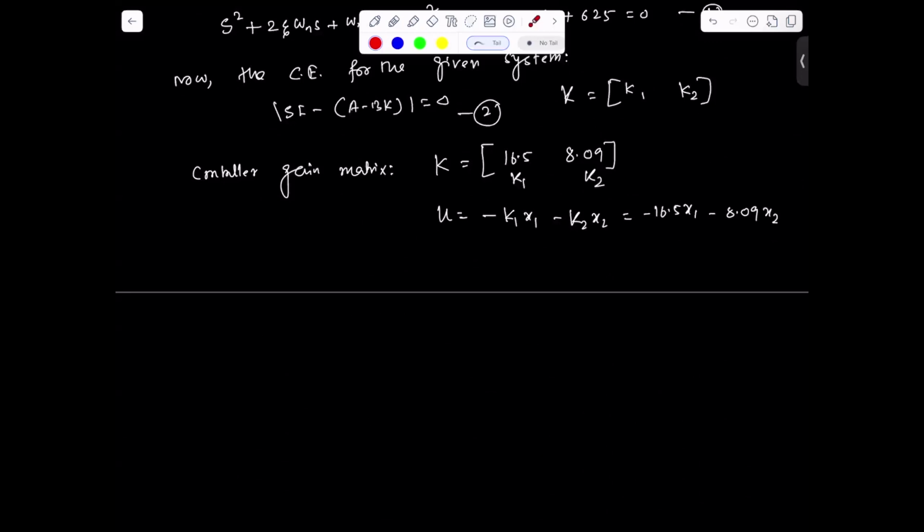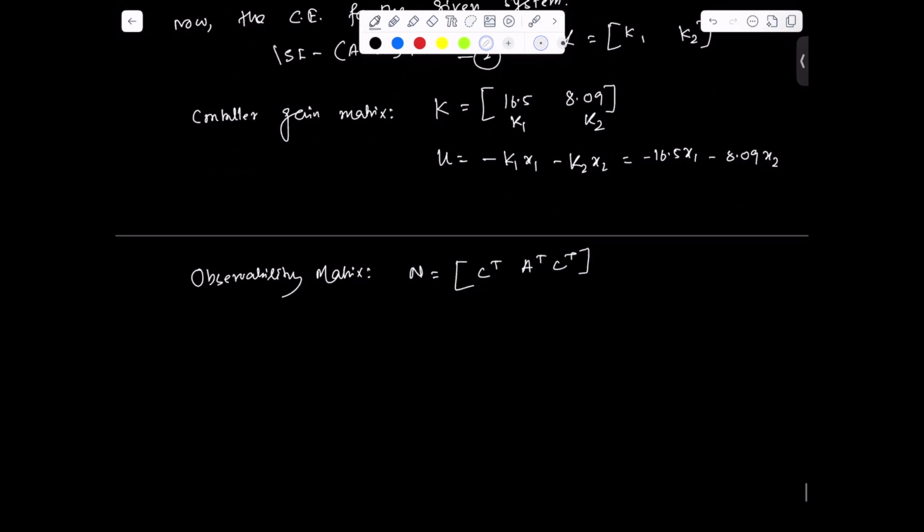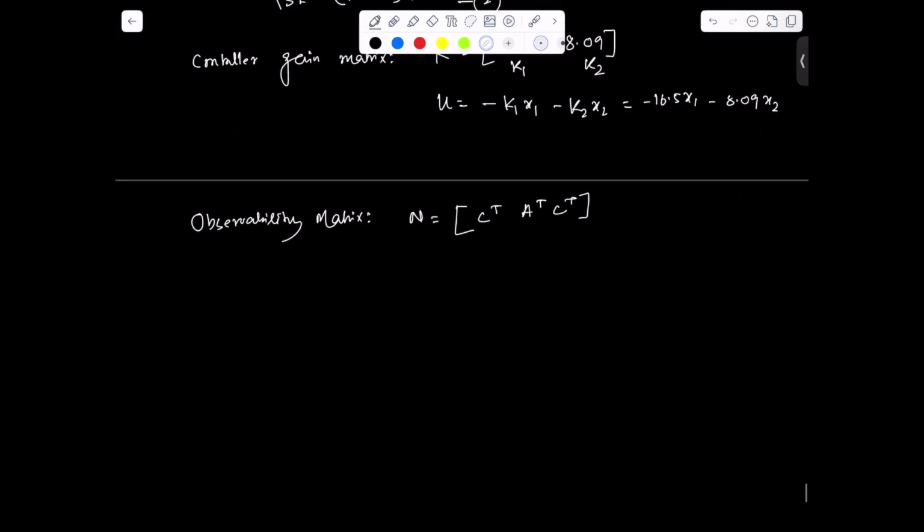Since this is a second order system, we go up to the second term: C transpose and A transpose C transpose.